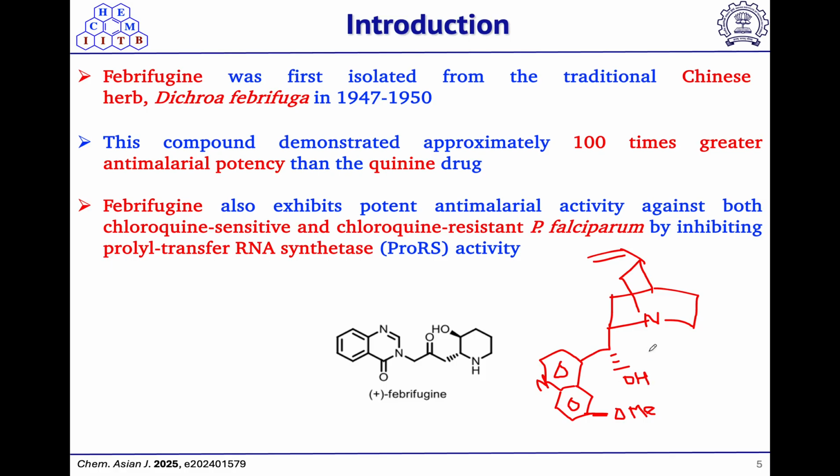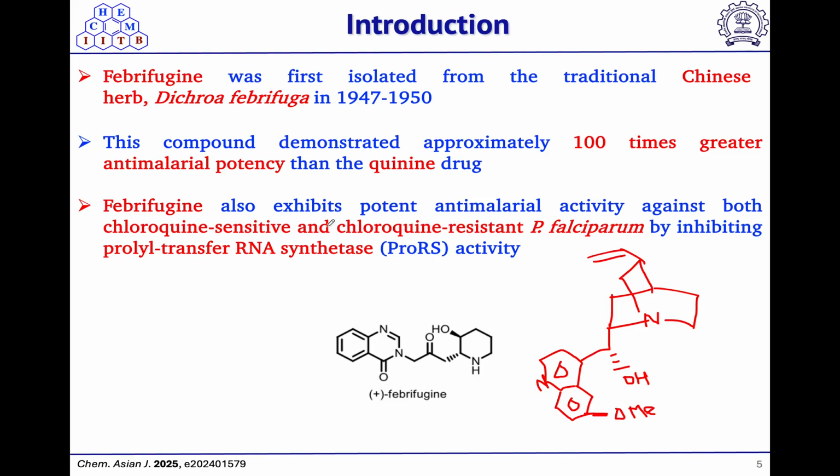That is also a natural product, a cinchona alkaloid isolated from Cinchona species or Remijia species. All of us know quinine is very important for anti-malaria activities. But plus febrifugin is also an antimalarial agent, having 100 times greater antimalarial potency than this quinine.